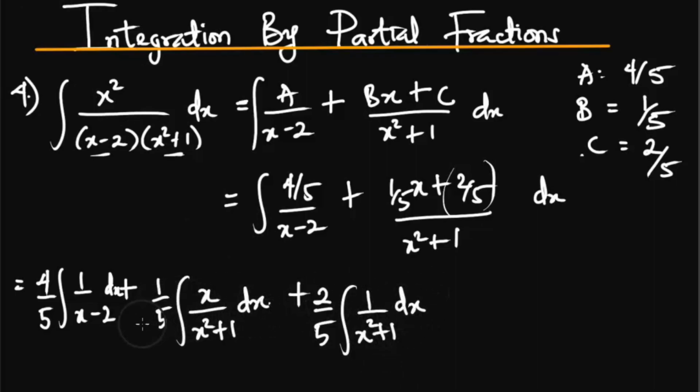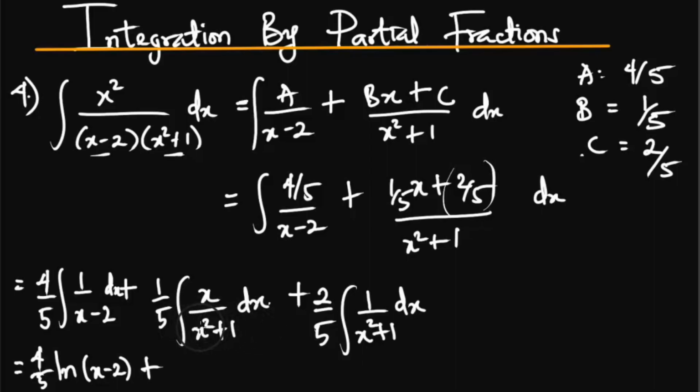Now we can easily integrate, right? And this becomes 4 over 5 ln of x minus 2, plus, now taking a look at this, how do we integrate this guy? Remember that when you differentiate the denominator and it gives you the numerator, the answer is the ln of the denominator.